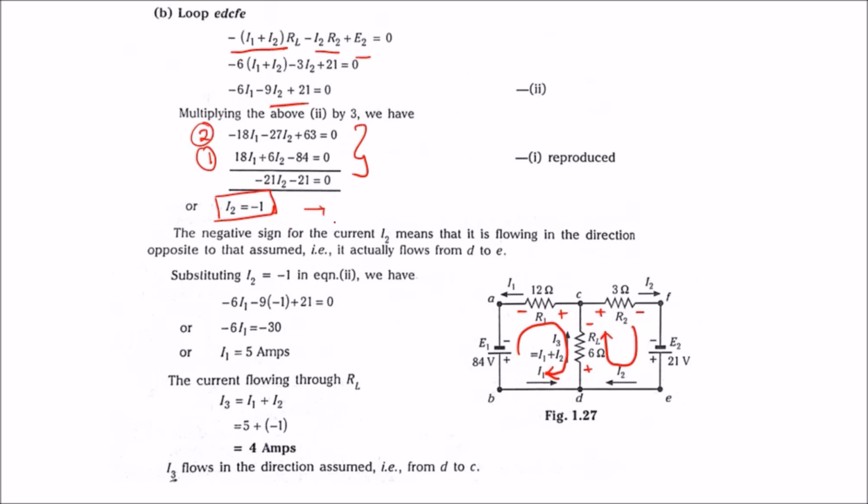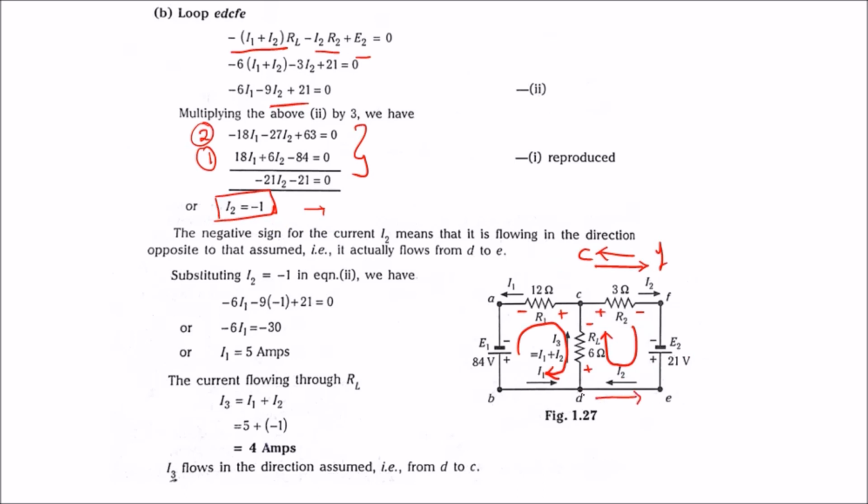So the negative sign of the current I2 means that it is flowing in the direction opposite to the assumed one. Here you can see I2 is assumed to flow from C to F, but actually it is flowing from F to C as it is negative. Here also it is flowing from D to E as it is negative.